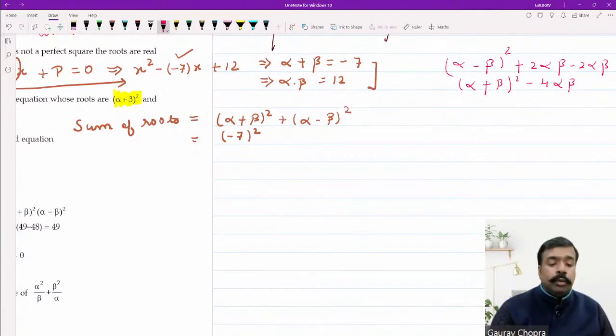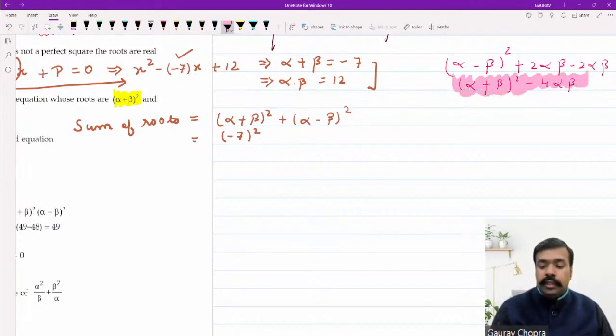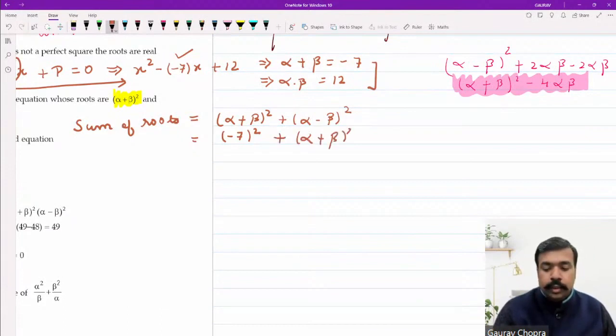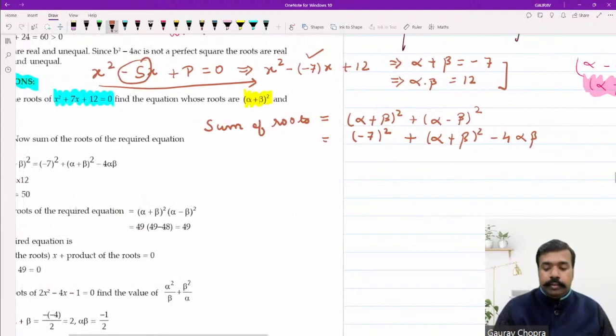This is the basic property which we normally study in the lower classes. So we have added 2 alpha beta and subtracted 2 alpha beta, so it becomes alpha plus beta whole square minus 4 times alpha beta. Let us write it here.